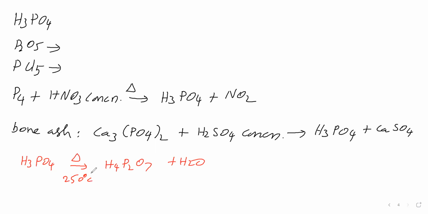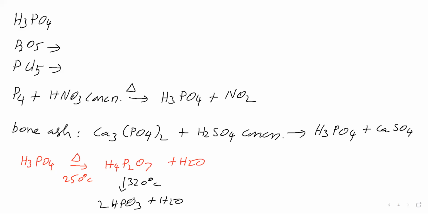Then this H4P2O7, on heating to 320 degrees Celsius, loses water. What remains is H2P2O6; divided by 2, you get HPO3, metaphosphoric acid.